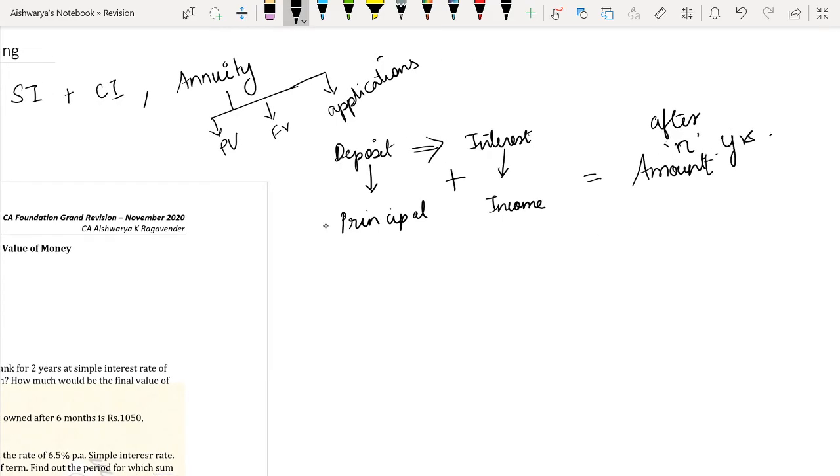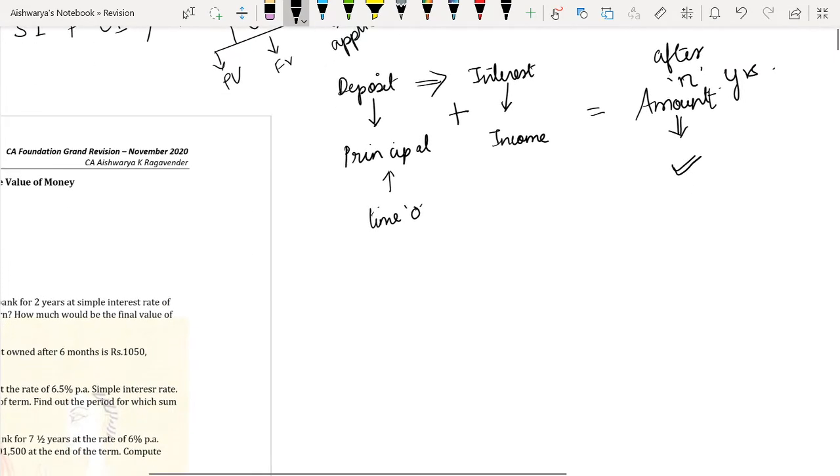So this is what you will get after n number of years. Let's say you deposited this right now, at time 0. Now this will be earned over a period.